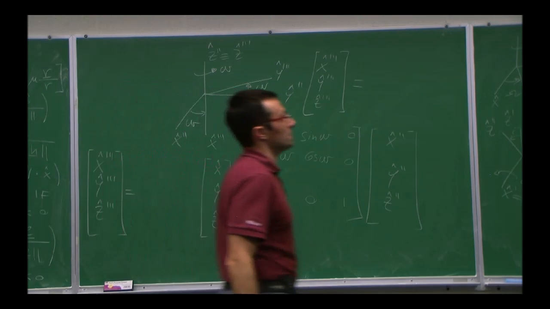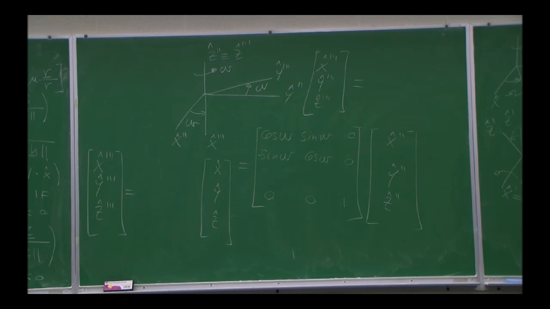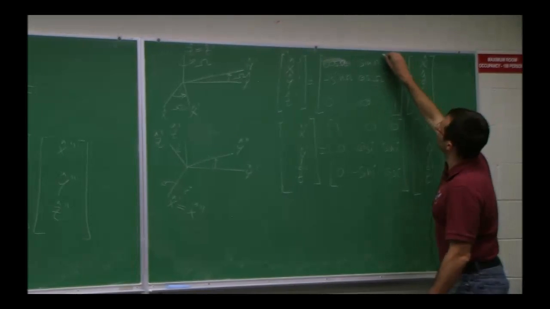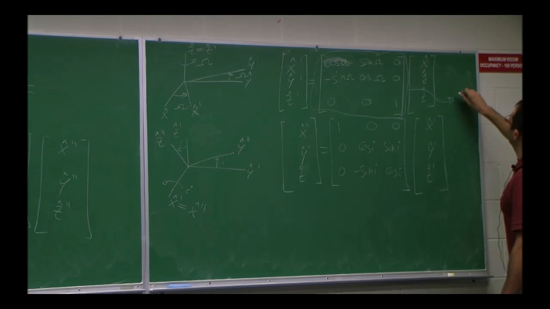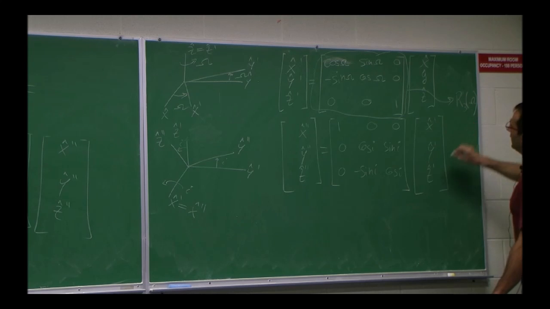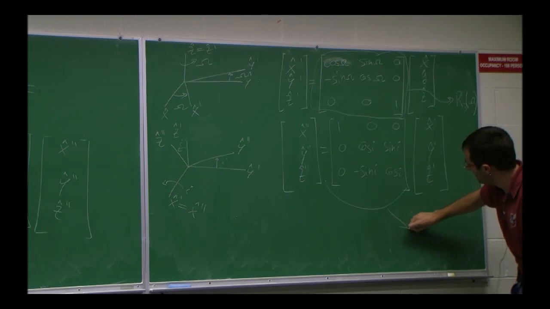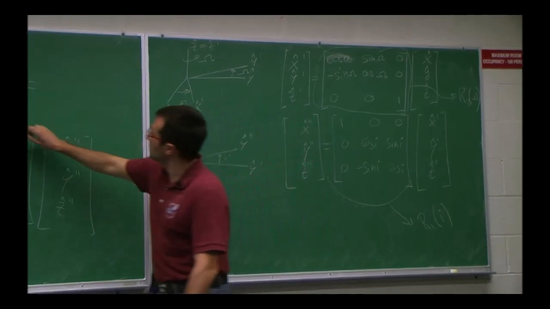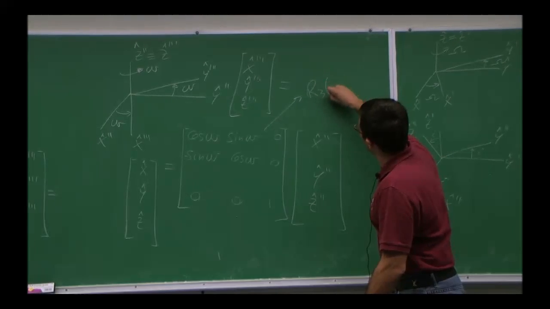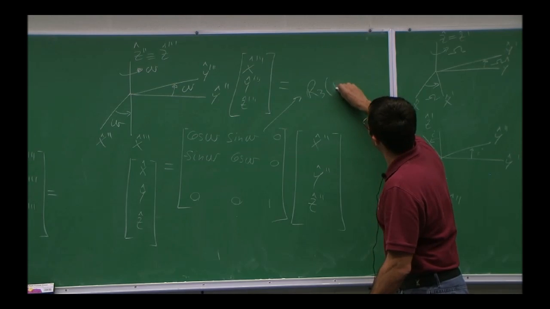Well, you multiply all these matrices, right? This matrix is a rotation about an axis z, so let's call it R3 of big omega. Let's call this one R1 of I. And let's call this one here R3 of little omega, right?